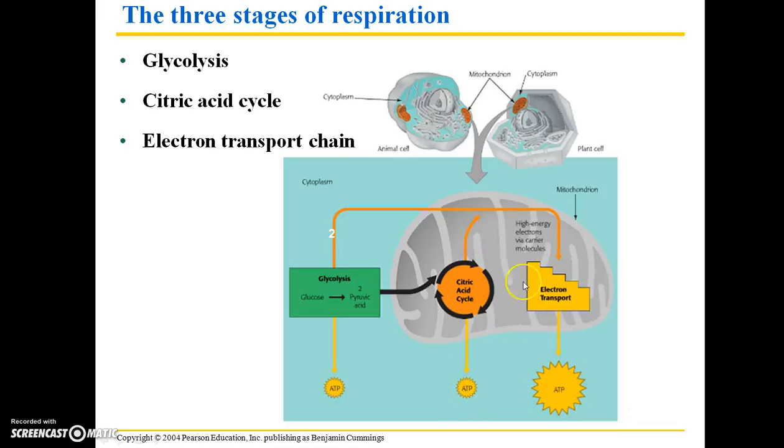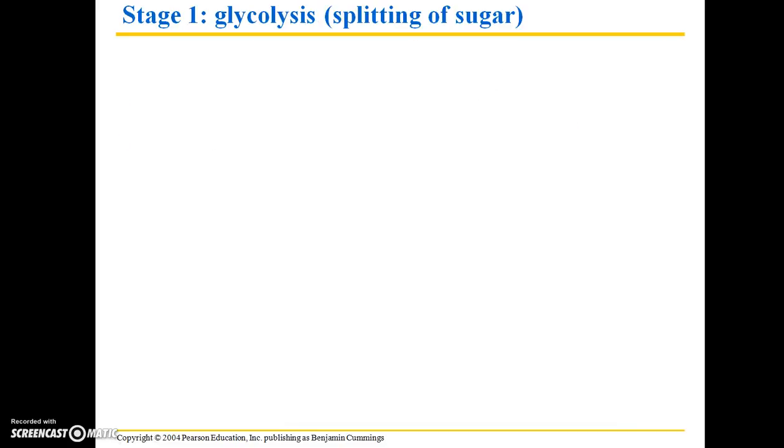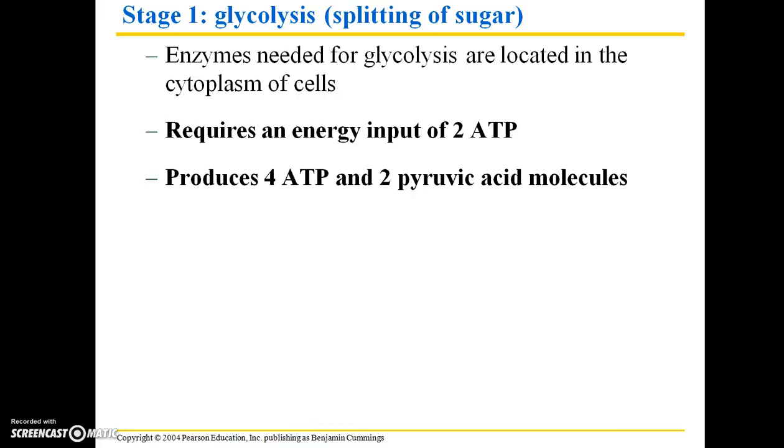And the electron transport chain also takes place within the mitochondrion, produces a lot of ATP relative to the other steps. And the overall process with the ETC is a high energy transfer of electrons via carrier molecules.